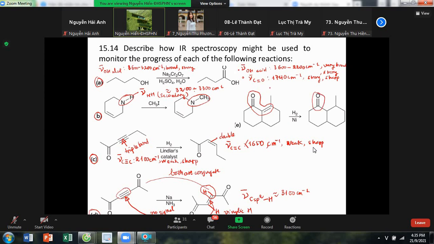Okay, the last one, I think we can base on the difference between conjugate and unconjugate. And this is not conjugate. Or you can base on the signal of double bonds.